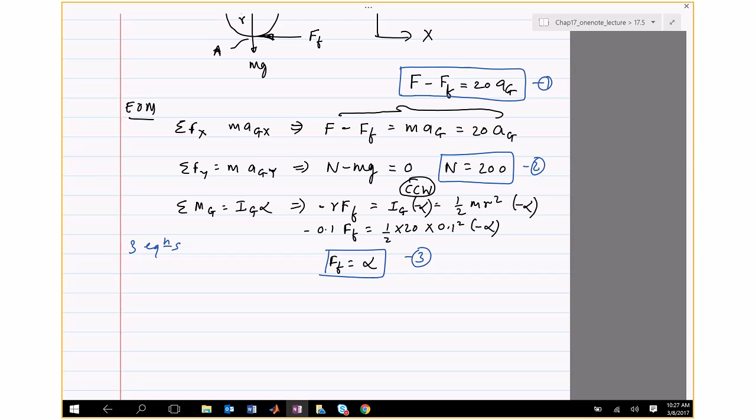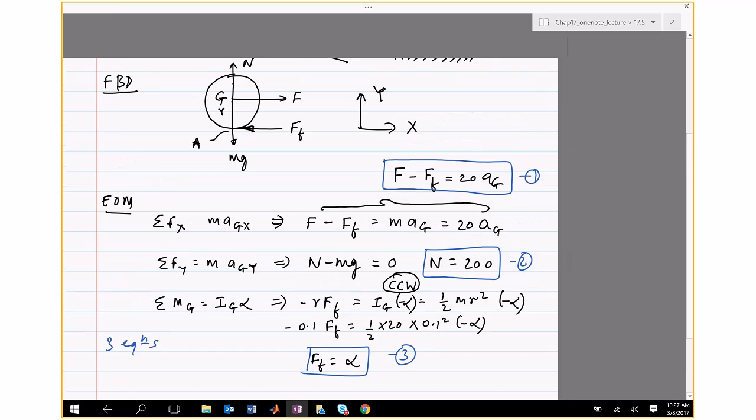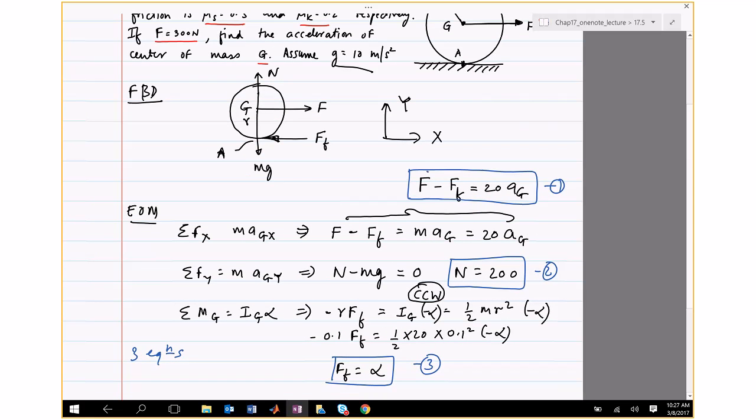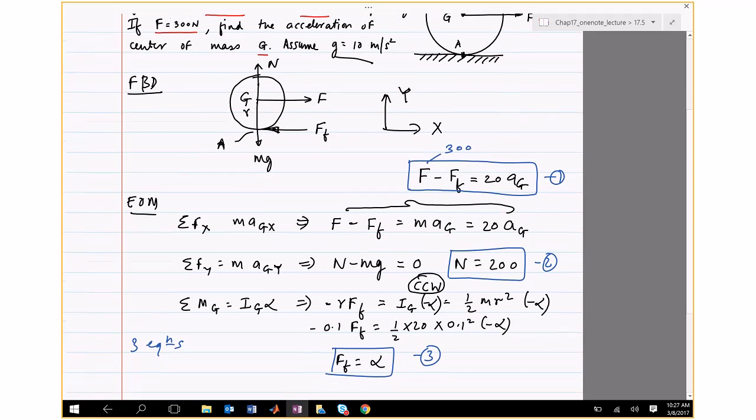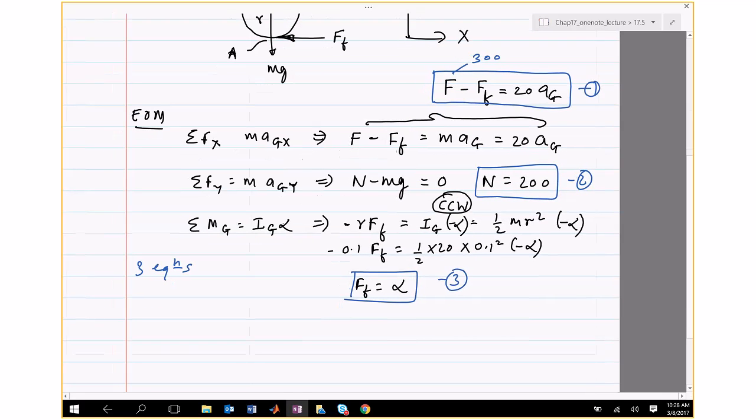F is known, I think F is 300. Equations 1, 2, and 3: how many unknowns?